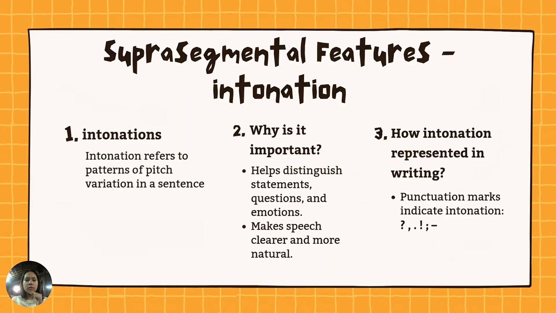Okay, next we're gonna talk about the suprasegmental features, intonation. What is intonation? Intonation refers to patterns of pitch variation in a sentence. So intonation is the melody of speech, or how our voice moves up and down, and it plays a crucial role in showing meanings, expressing emotion, and distinguishing between statements and questions.